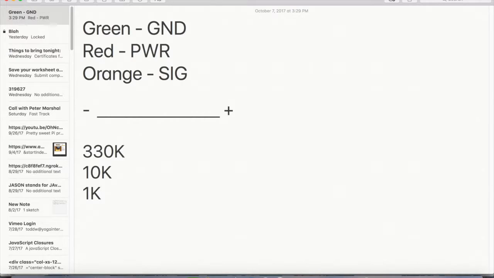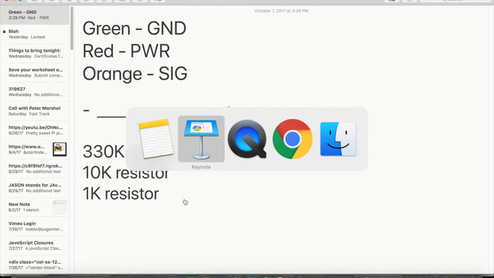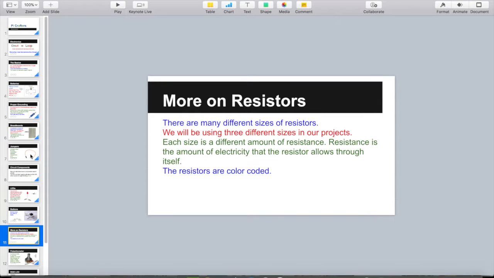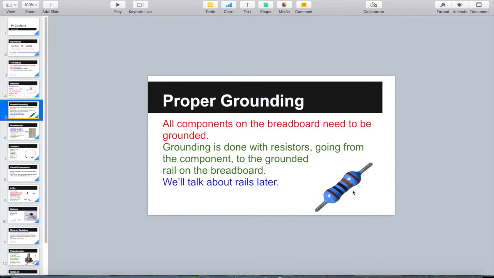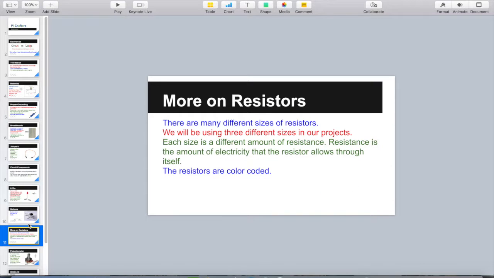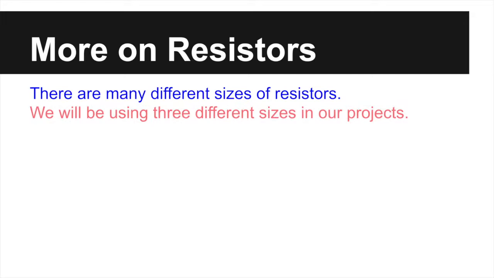You can look those up on Google, like 330K resistor, right? And 10K resistor, right? And 1K resistor, and you can look all those up and figure out what they are. Now the way to tell what they are is by looking at the bands. There are different colored bands on each one. They're color coded. So by looking at those bands, you should be able to tell what resistance value of a resistor you have.